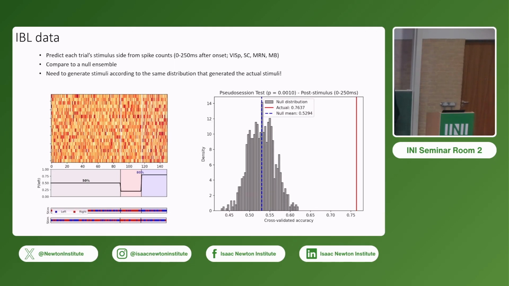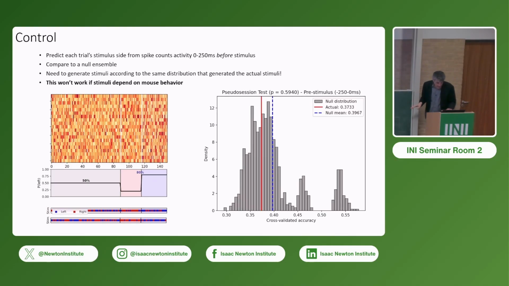If we predict the actual block variable that the mouse actually saw, we get this accuracy. But if we redraw random stimuli, we get this null distribution, and we're way outside of the null distribution, which means we do have a significant coding of this block in the brain.